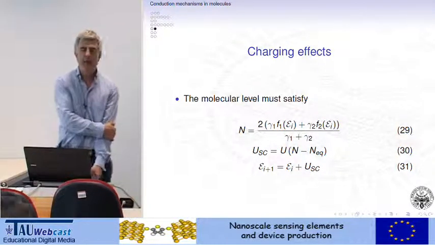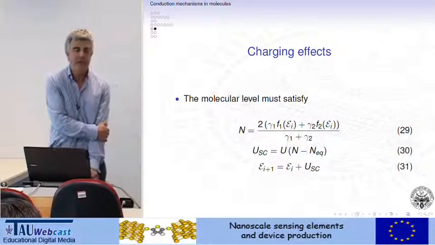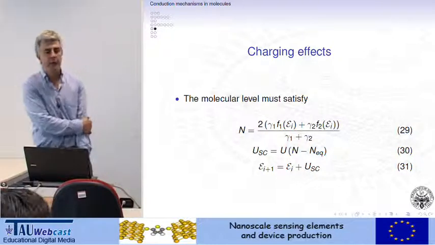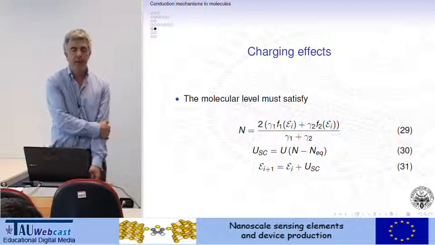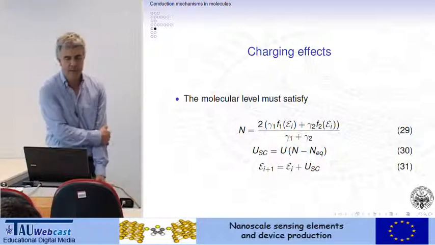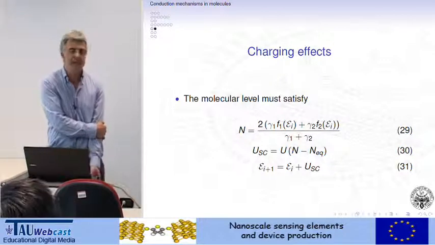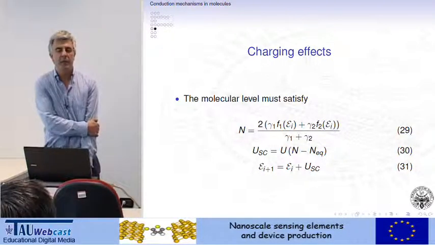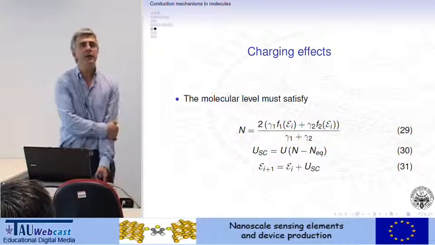So if you have good interfaces in terms of charge transfer, generally it's very difficult to measure Coulomb blockade. Coulomb blockade can be very easily observed only when the interface has bad transport. So if the tunneling between metal and molecule is not so good, in that case you can observe Coulomb blockade.